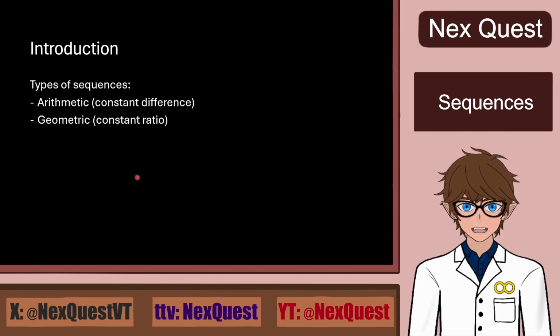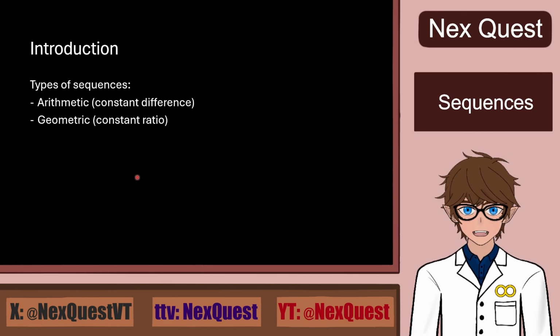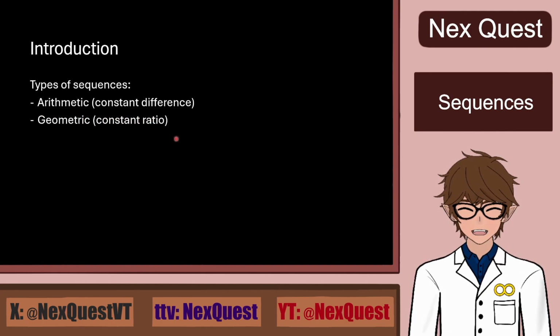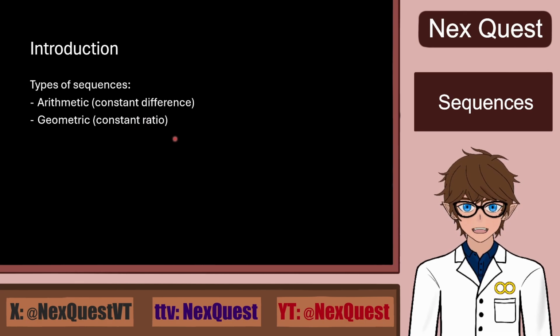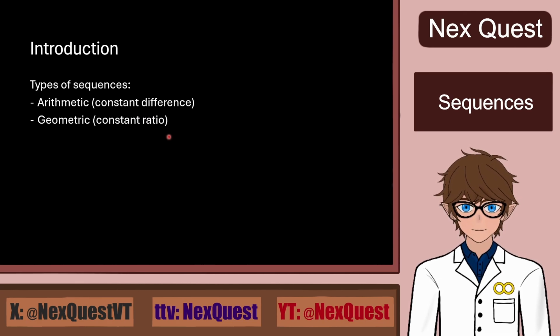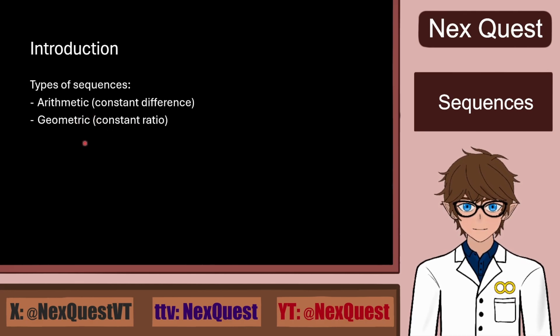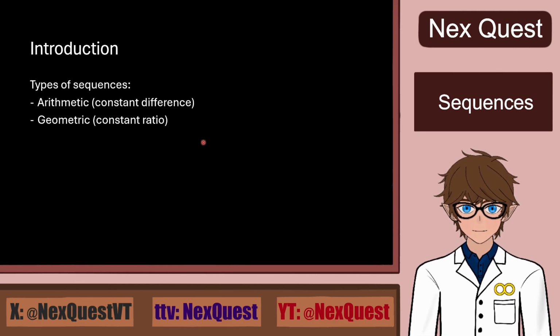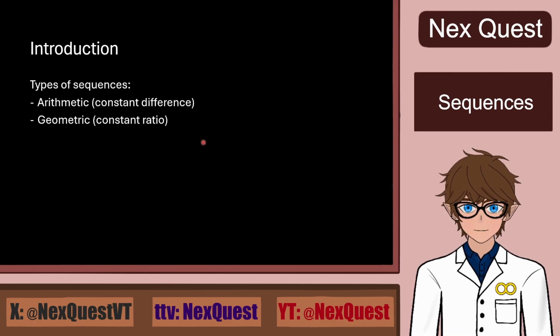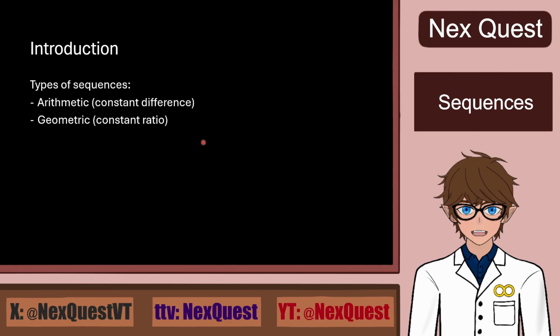The difference there is 2, and it's an arithmetic sequence. As for geometric, it has a constant ratio. So each next term is some r times the previous term. So we multiply each of the terms with a constant ratio to get the next one. Don't worry, it may sound confusing, we'll get to that and explain it with the visuals.